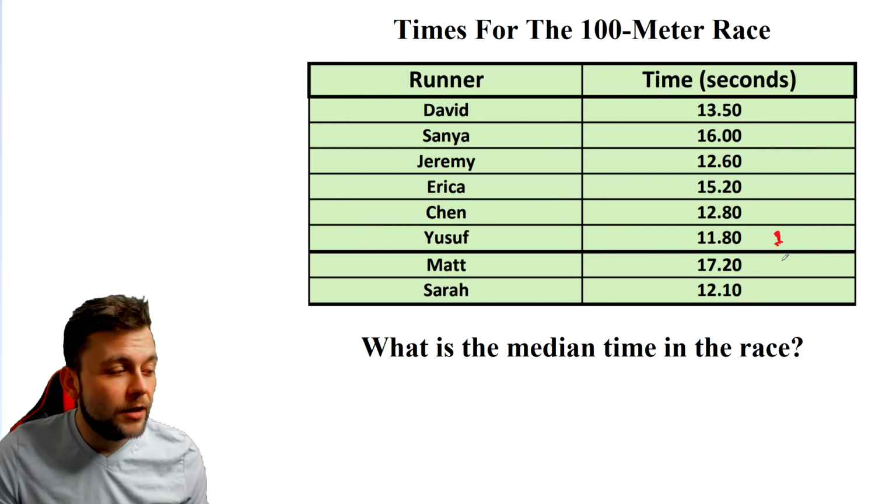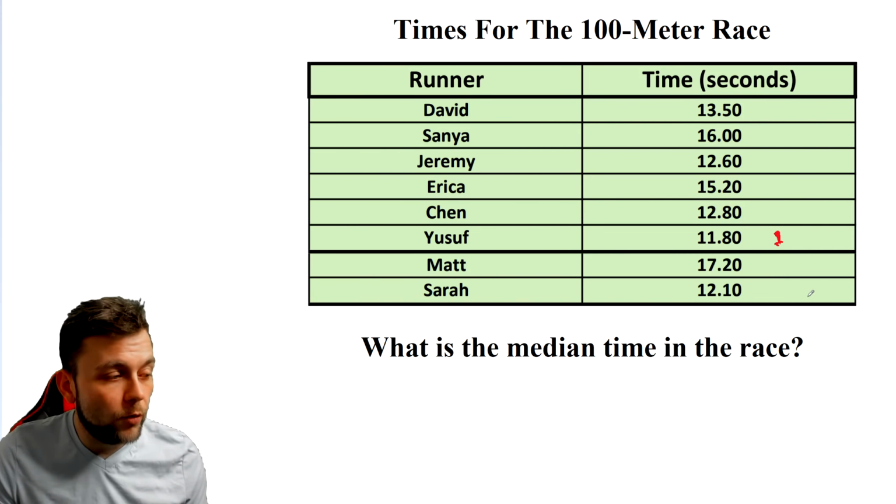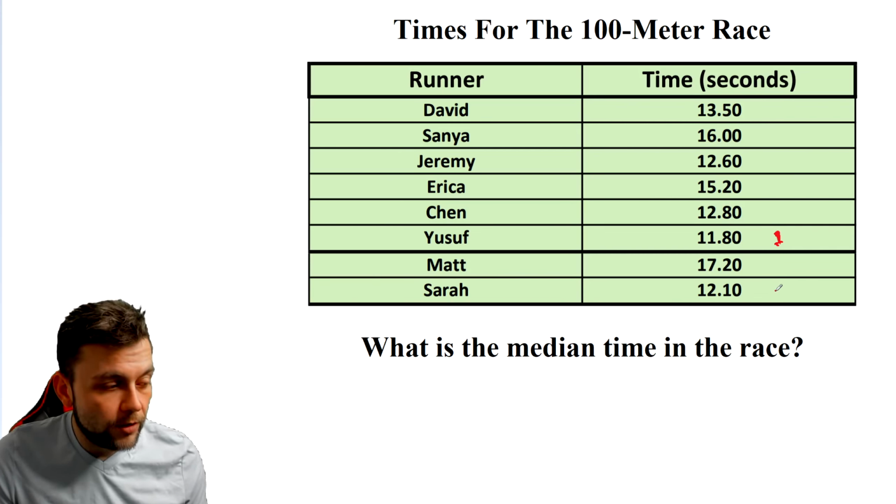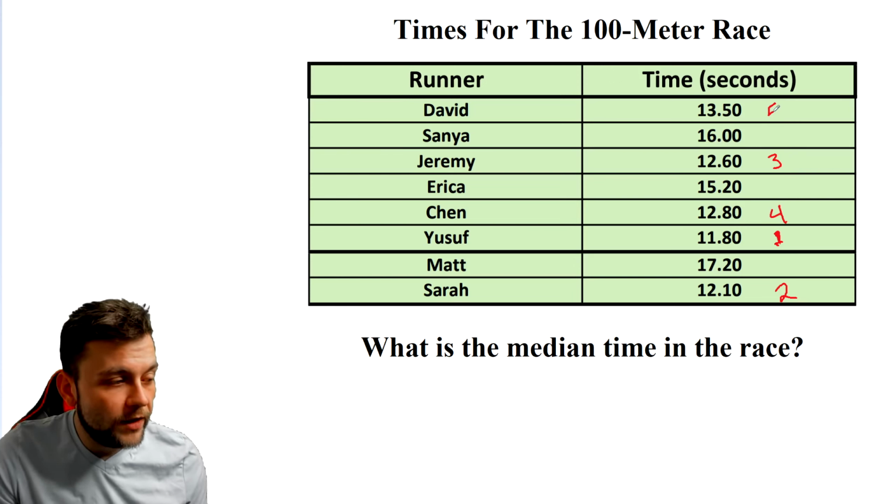Then it moves on to 12.1, so that one is number 2. 12.6 is number 3. 12.8 is number 4. 13.5 is number 5. And number 6 is 15.2. And then 16 is 7.